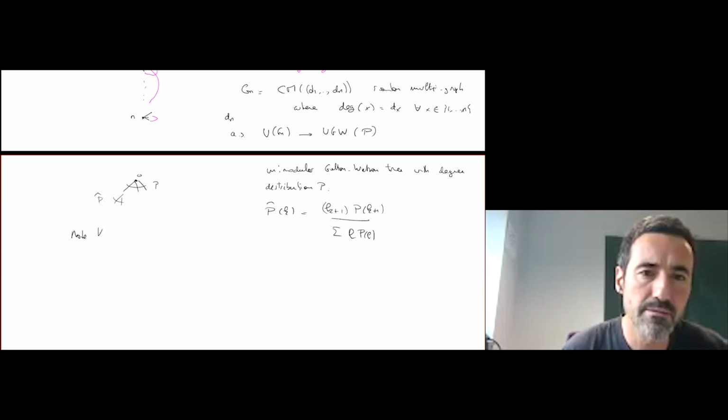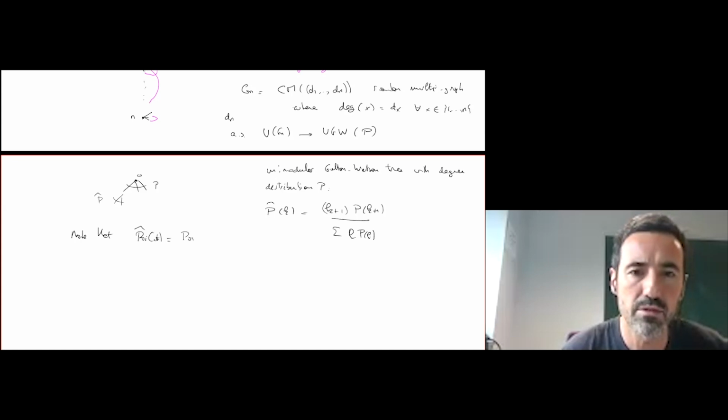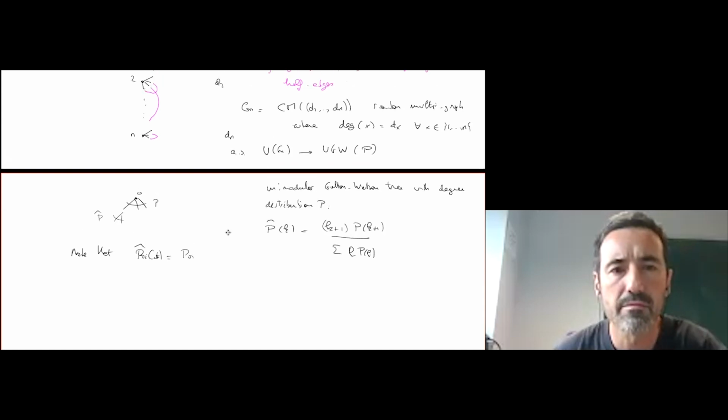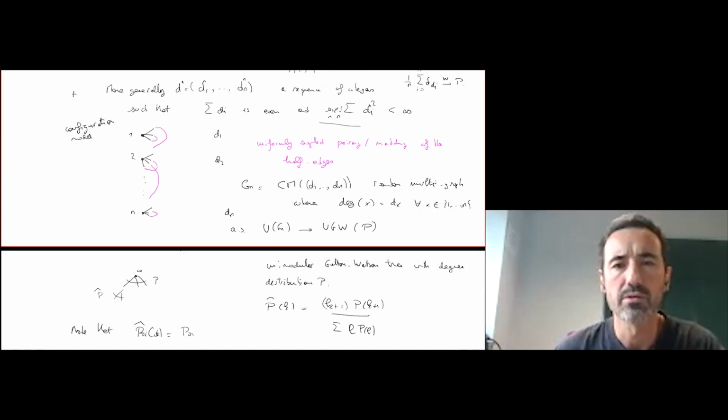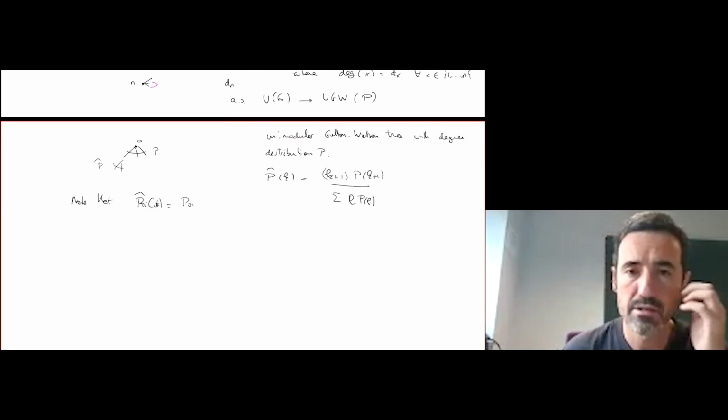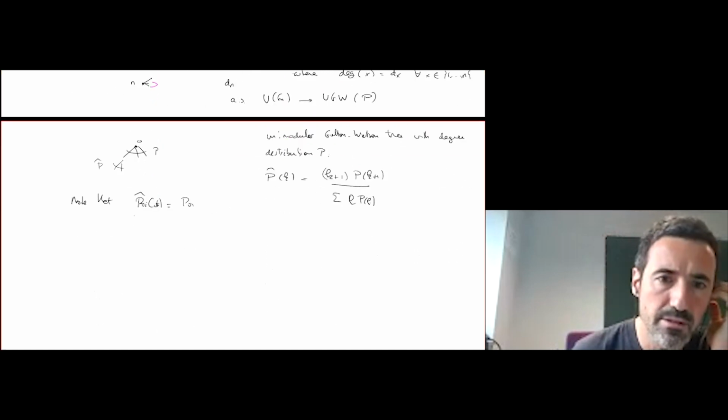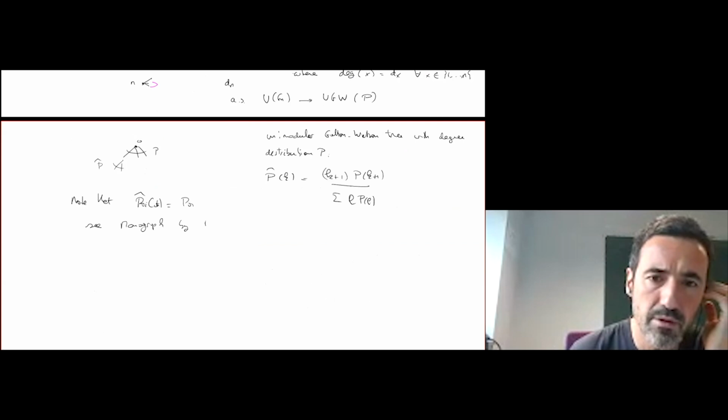Okay, note that if you do the size bias of Poisson with parameter d, you also obtain Poisson. Okay, so if you want to know more about this convergence, there is a monograph by Remco van der Hofstad.